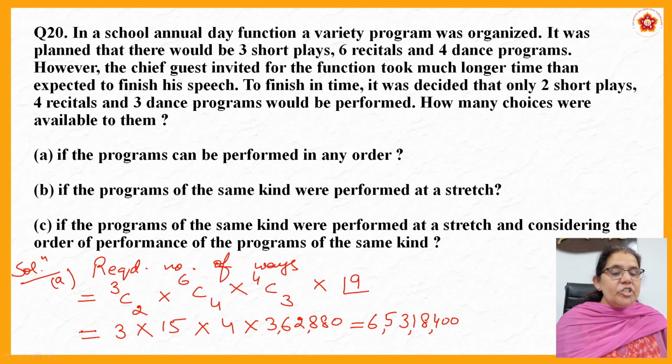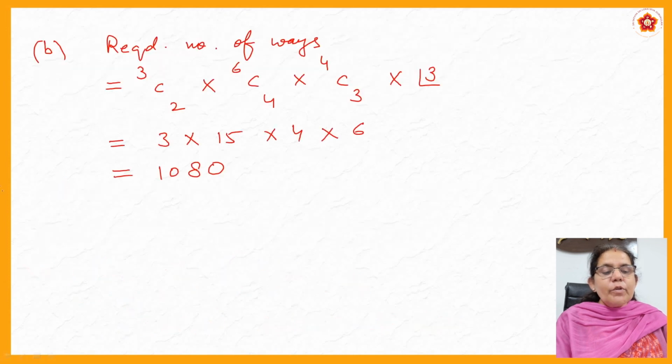But the additional condition is the order of performance of the programs of same kind. Here you see 3 short plays. Out of these 3 short plays, 2 have to be chosen, and their order of performance we have to consider.